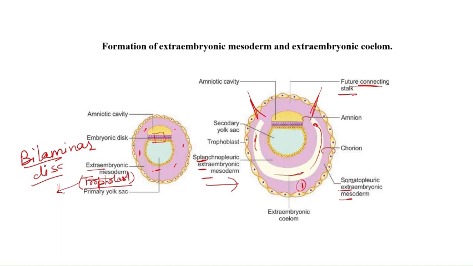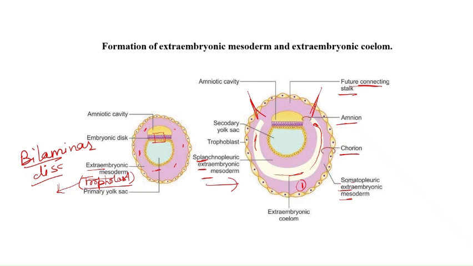This is the one event, and second, one more important event occurs. There is a formation of two important fetal membranes, that is amnion and chorion. These membranes are again supportive structures, and as you can see in this picture, they are derived from the outer cell mass tissue.